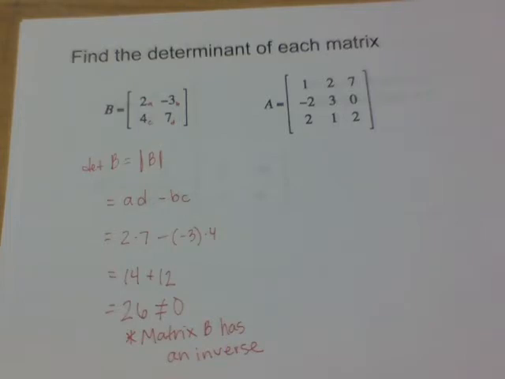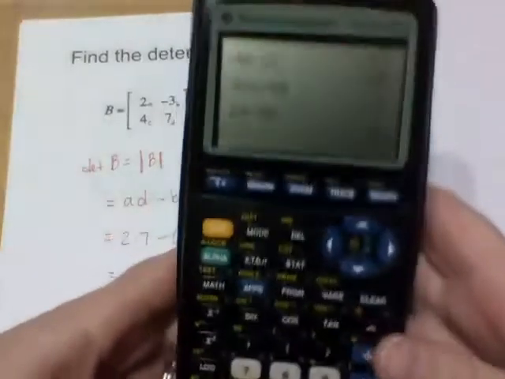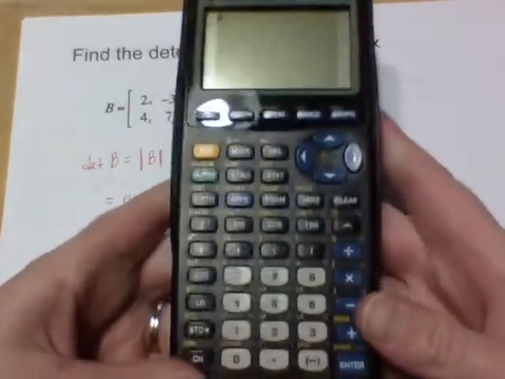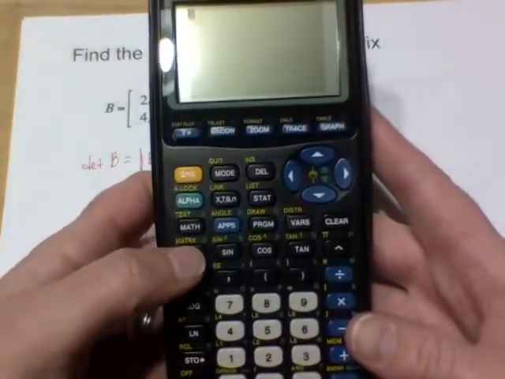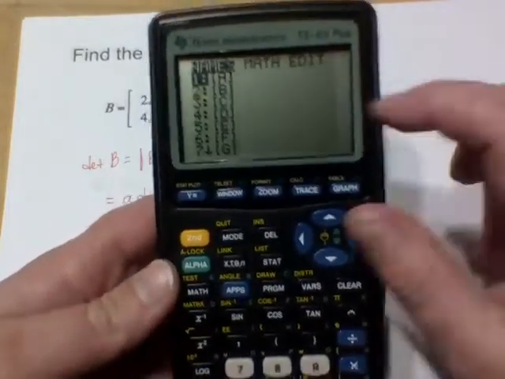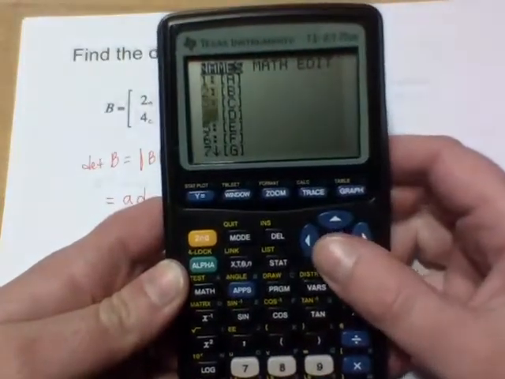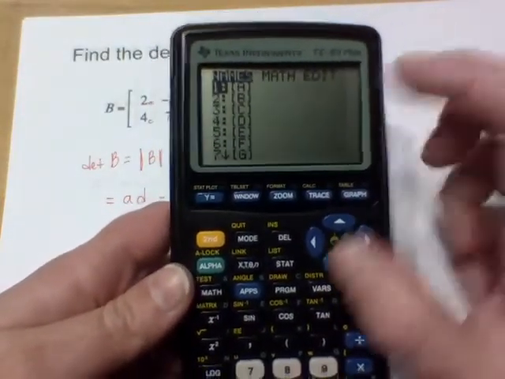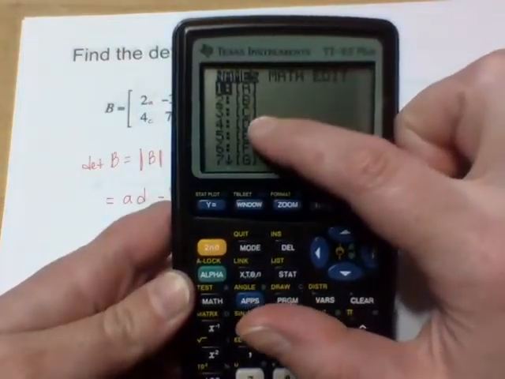So the first thing that you're going to want to do, other than turn on your calculator, is to go into your matrix here. So notice that in yellow, we have second to get up there, matrix. And so now we have all of these options of matrices that we could put in. Generally, we'll probably only ever use about 2 or 3 of these. So usually you just keep everything as A, B, and C.